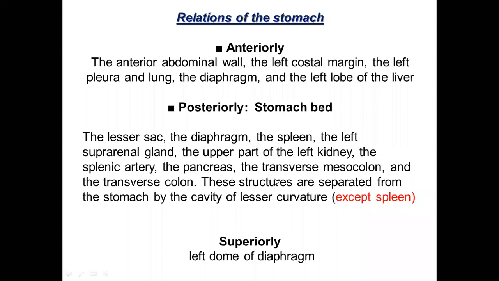All these structures, except the spleen, are separated from the stomach by the cavity of the lesser sac.